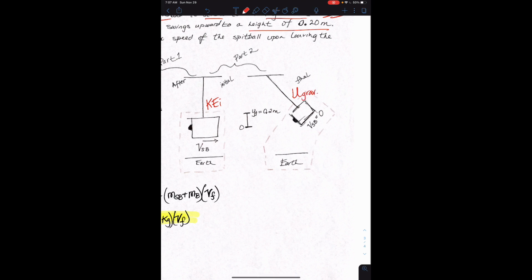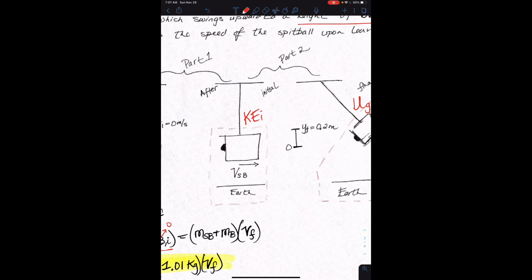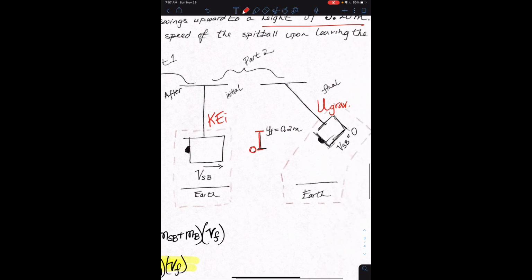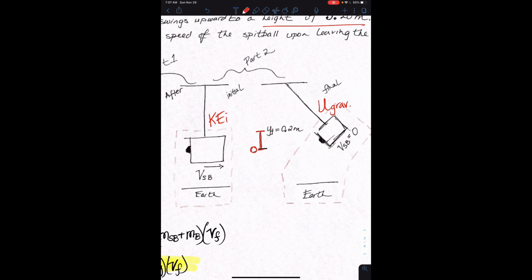So where the pendulum is hanging from, you can call the bottom 0. And that's the key idea: this final position of 0.2 meters means that this height is going to equal 0.2 meters.